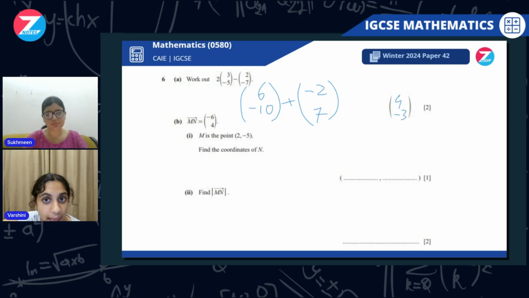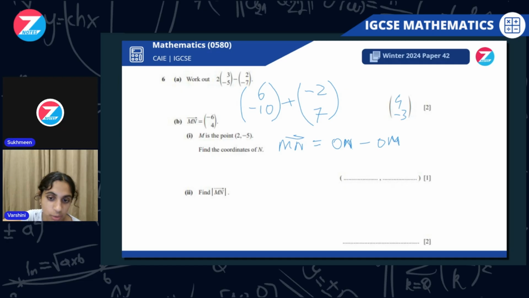Vector mn is equal to minus 6, 4, and m is the point 2, minus 5. Find the coordinates of n. Okay, so we know that mn is going to equal on minus om, and this on and om are just going to be the coordinates of n and the coordinates of m, because it's just their direct distance from the origin, which is their coordinates.